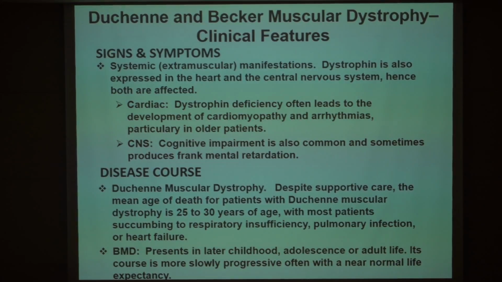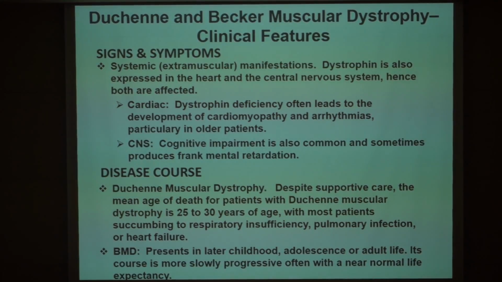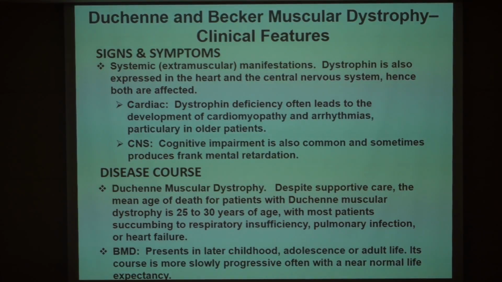So if you have a patient who's in his or her mid-40s and they're jogging and they come in because of lightheadedness, you do an EKG, and they have a dysrhythmia and findings consistent with a cardiomyopathy. You look at their medical records, and they've got partial staining for dystrophin. This is basically a patient who has Becker muscular dystrophy.